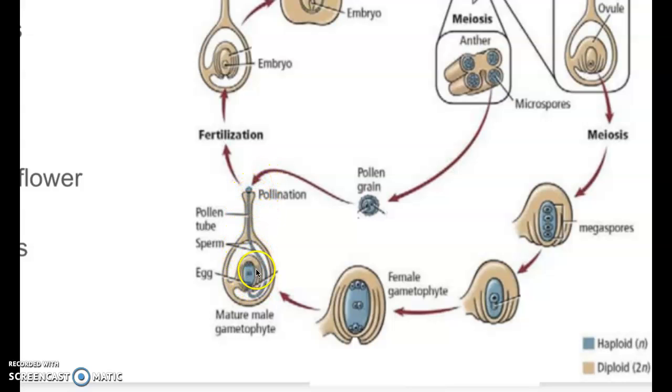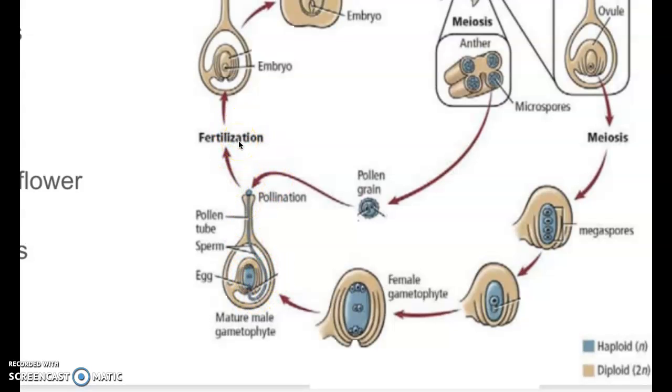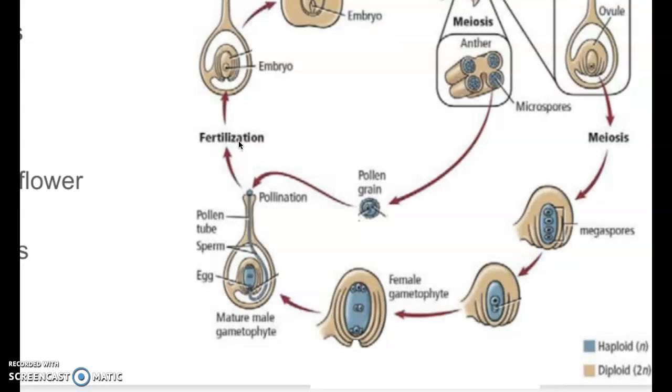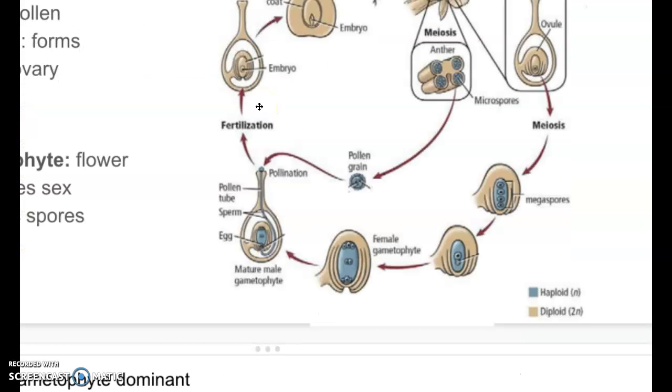There are multiple cells that travel down and help the sperm go down and fertilize the egg. And once fertilization happens, you develop the embryo.